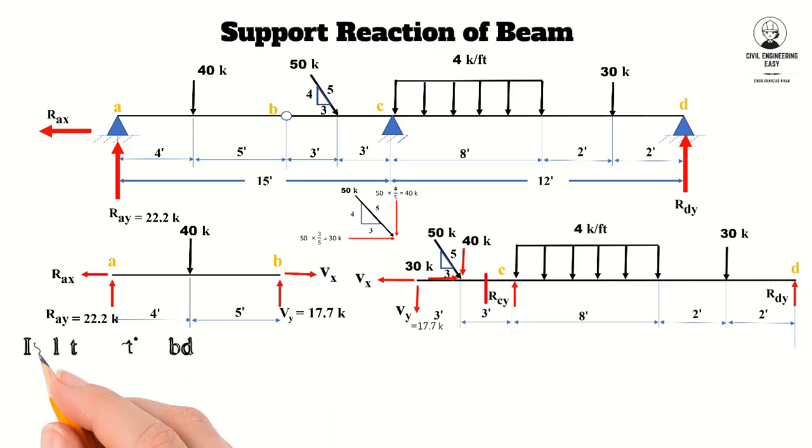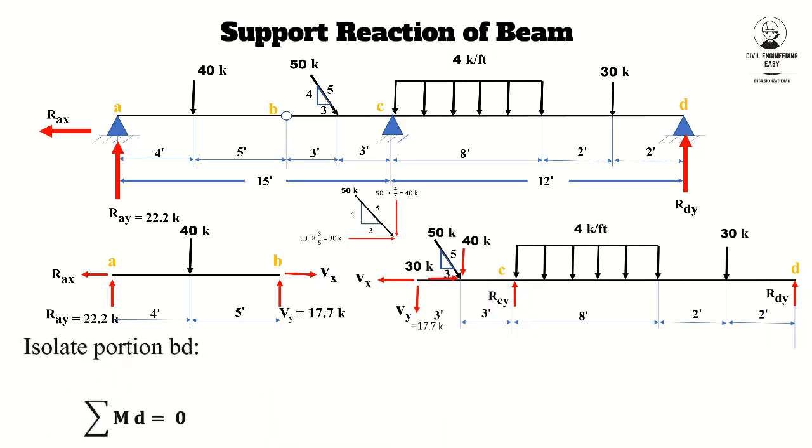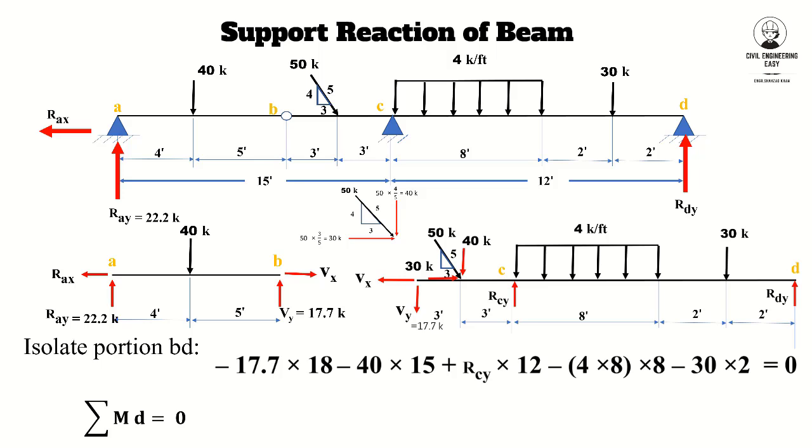For RCY, take the summation of all the moments about point B equal to 0. So what will the moment equation look like? 17.7 multiplied by 18 is an anti-clockwise moment, so take it as negative, and 40 multiplied by 15 is acting anti-clockwise, so take it as negative. RCY multiplied by 12 creates a clockwise moment, take it as positive.